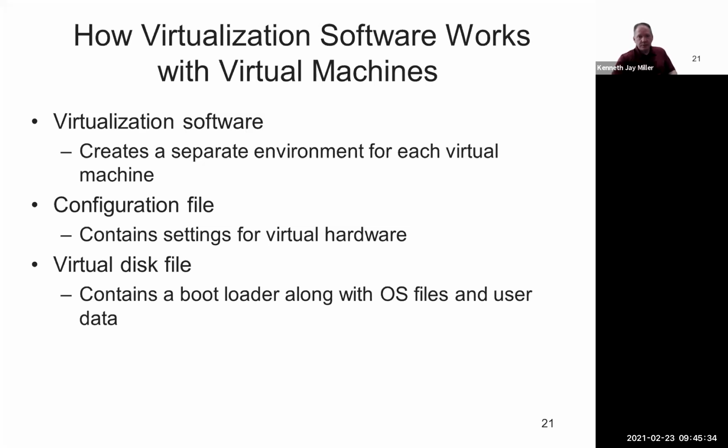Okay, so the two main files, there's other files that are in there, but the two main ones. So if we were to copy or clone a virtual, we would just need these two files. And really the main one we need is this virtual disk file. That's the big one, because that's the hard drive of the virtual machine.